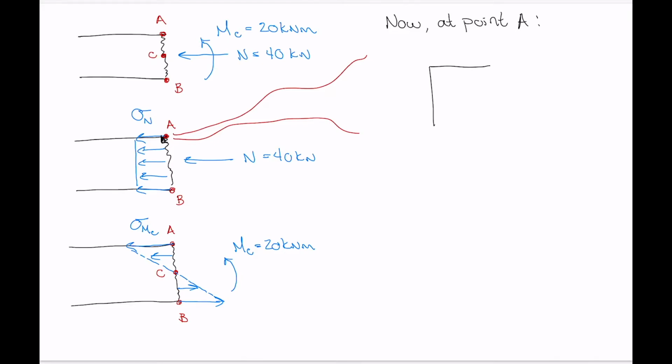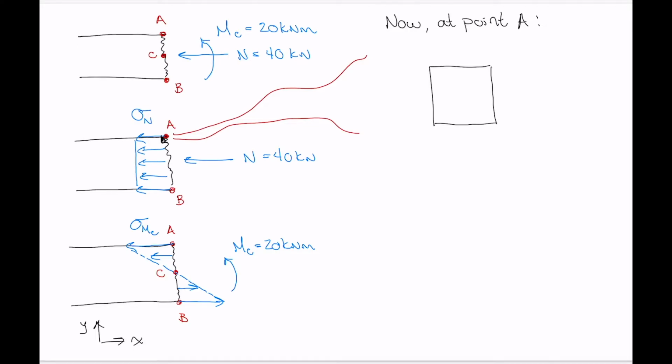Okay, so here's the little square of material at point A. And it's really a cube if we're thinking about this problem having depth into the plane of the screen. But we're just looking at the material here in, well, let's call this the y direction down here and the x direction here. So we're looking at the point of material in the XY plane. So this is referred to as an in-plane element.